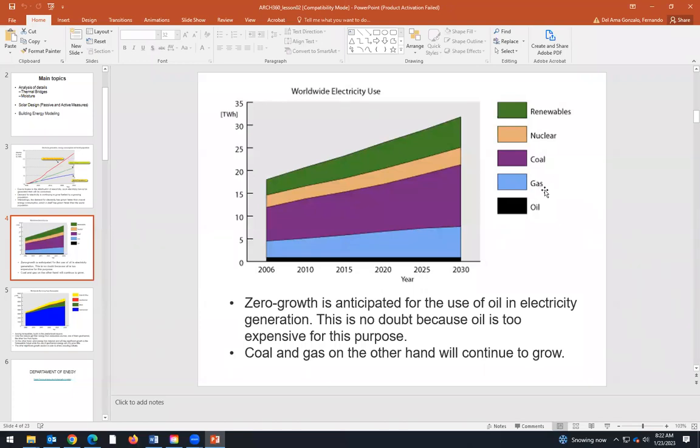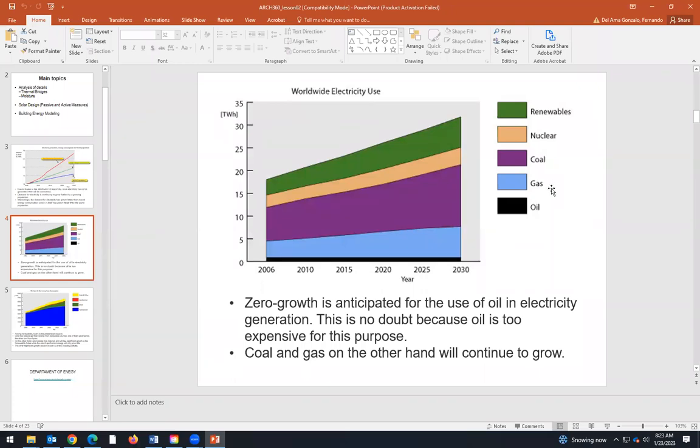First, because it has more power density. So burning gas, we can generate more electricity than burning oil or coal. And it's easier because in the cities, we have gas ducts or pipes, so we can connect our buildings to the city infrastructure with gas.